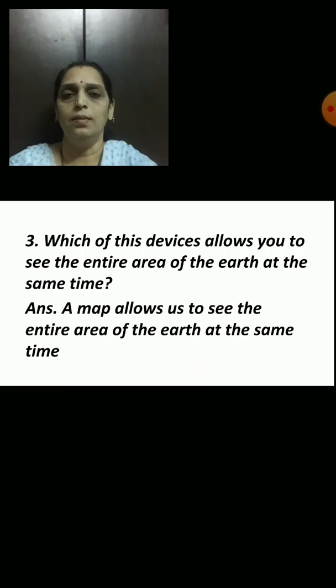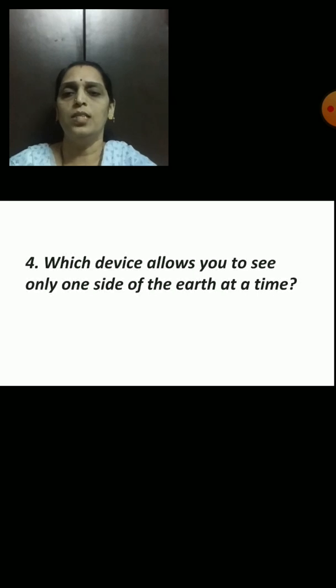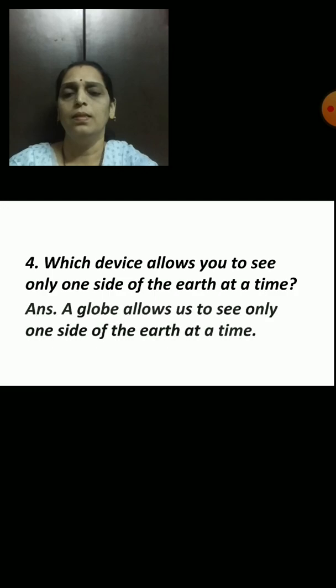Yes, students? Now the next, fourth question, which device allows you to see only one side of the earth at a time? What will be the answer? Yes, very good. A globe allows us to see only one side of the earth at a time.